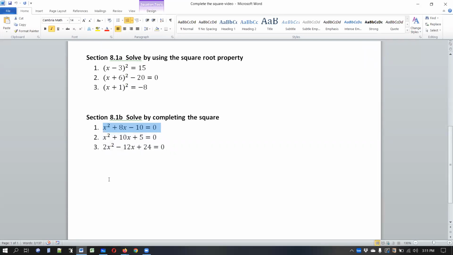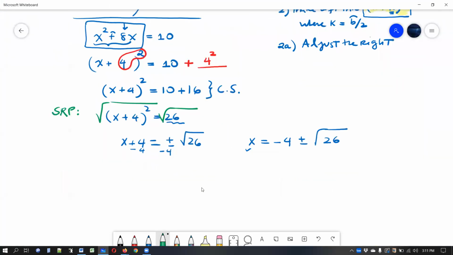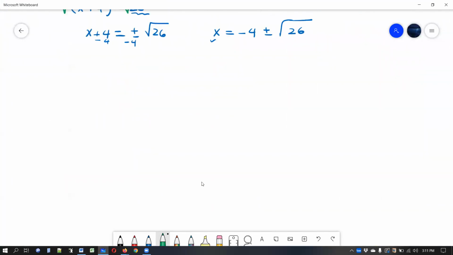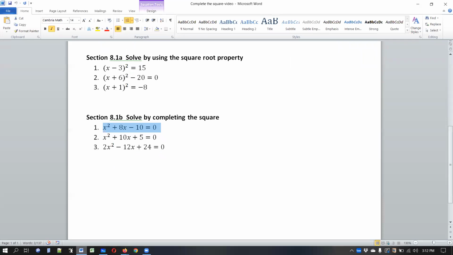So here's the second example, x squared plus 10x plus 5. So again, solve by completing the square. X squared plus 10x plus 5 equals 0. And we just confirm that this is the exact same problem.